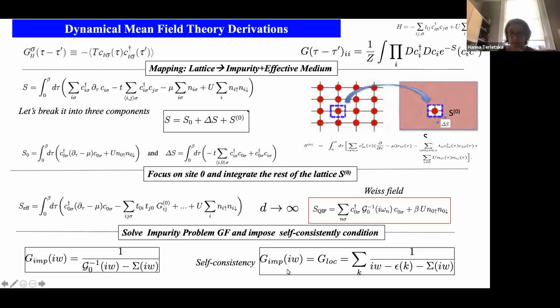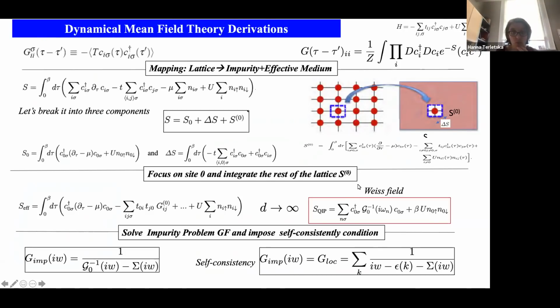Self-consistency requires that the impurity Green's function is the same as the local Green's function of the original lattice. And this is the equation for the lattice Green's function. Since things are local, the self-energy doesn't have momentum dependence. And here you just have to sum up over K, because you want to make the thing local.